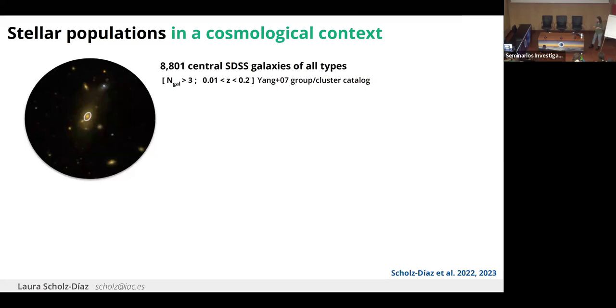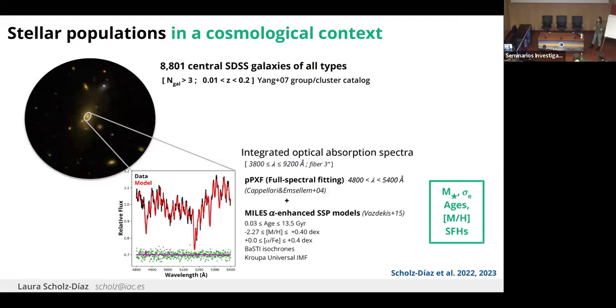And for SDSS, we have integrated optical absorption spectra. So we analyze these optical spectra with a full spectral fitting algorithm fed with a set of single star population models.